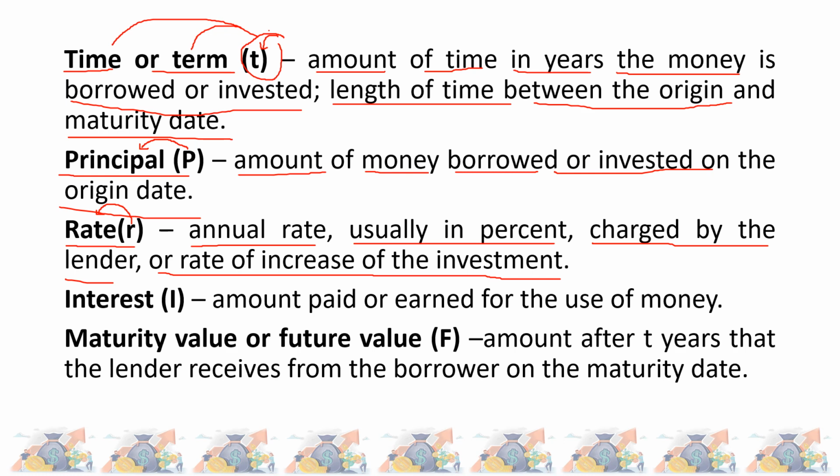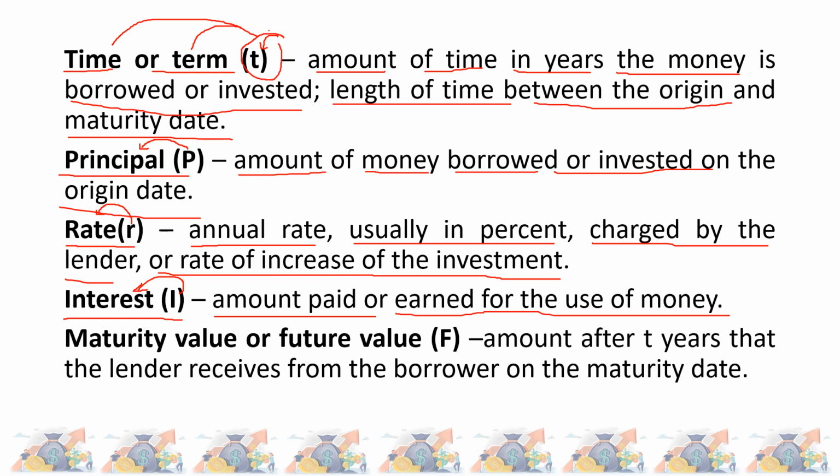Now the next term is your interest. We simply use I, big letter I, to represent your interest. It is an amount paid or earned for the use of money. There is no such thing that a lender makes funds available for the borrower and there is no interest.